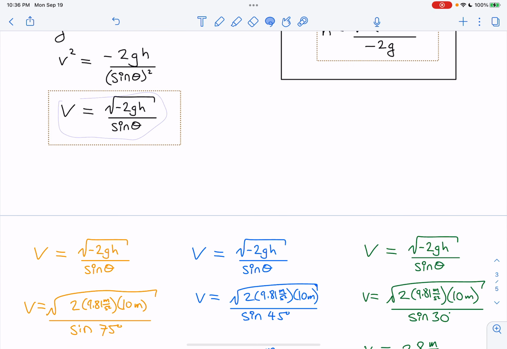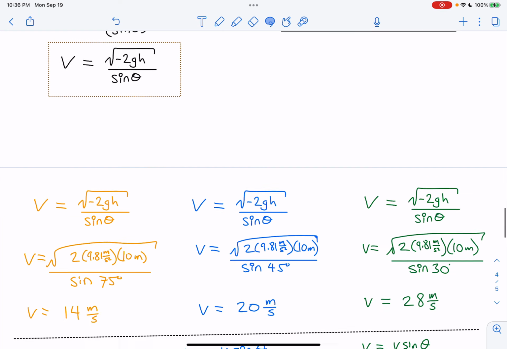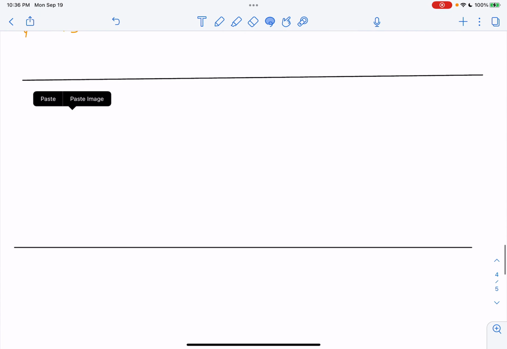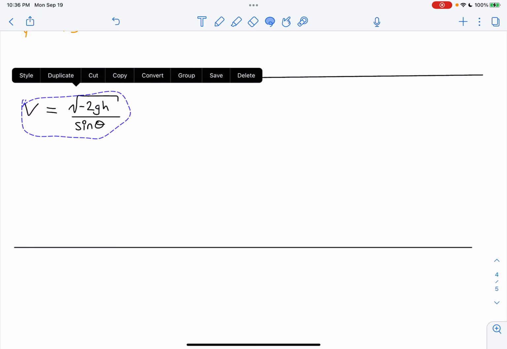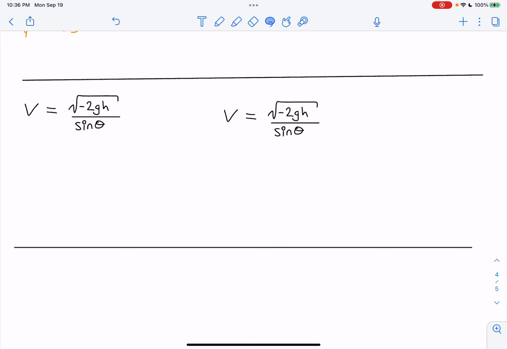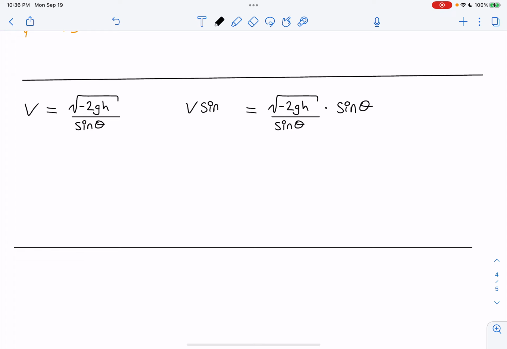Let's copy it here. I'm just going to pull that down, and we're just going to interrogate this a little bit. And in fact, I'm going to duplicate. I'm going to pull it over here, and this is what we're going to do. I'm going to multiply both sides by sine theta. So I'm going to multiply both sine theta here, and I'm just going to move this over sine theta here.